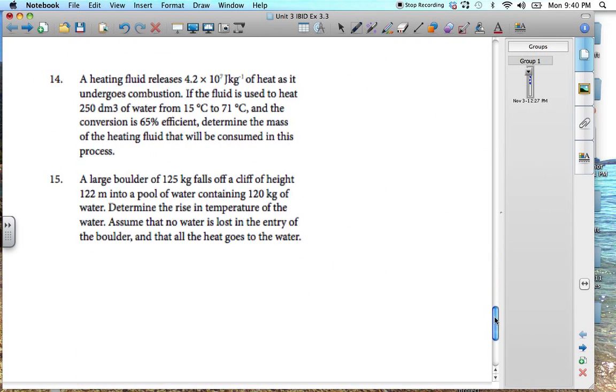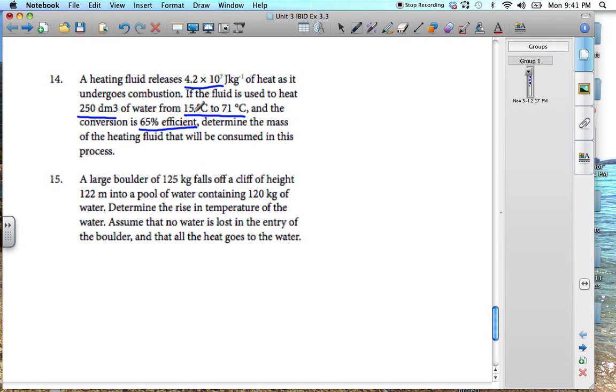Alright, so we've got our last two questions here. A heating fluid releases 4.2 times 10 to the 7 joules per kilogram of heat as it undergoes combustion. If the fluid is used to heat 250 decimeters cubed of water from 15 degrees to 71 degrees, and the conversion is 65% efficient, determine the mass of heating fluid that will be consumed in the process.